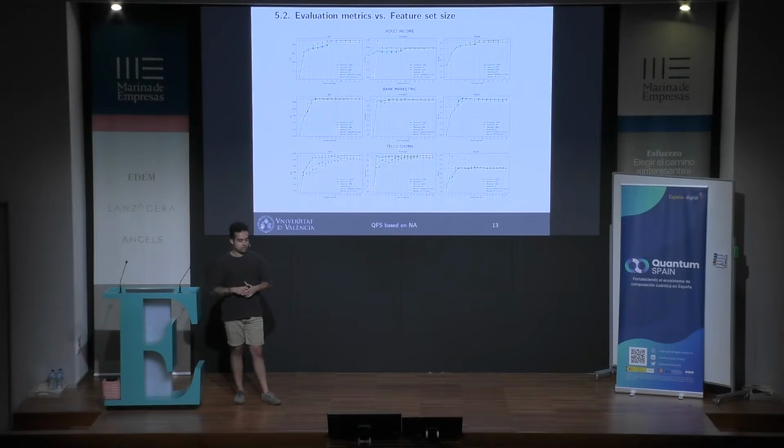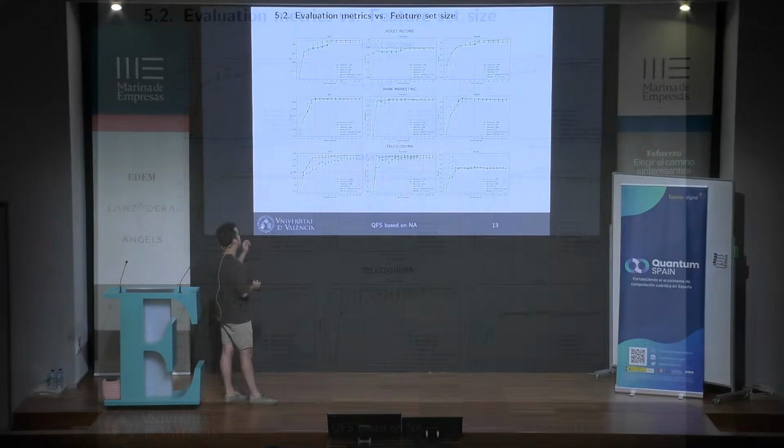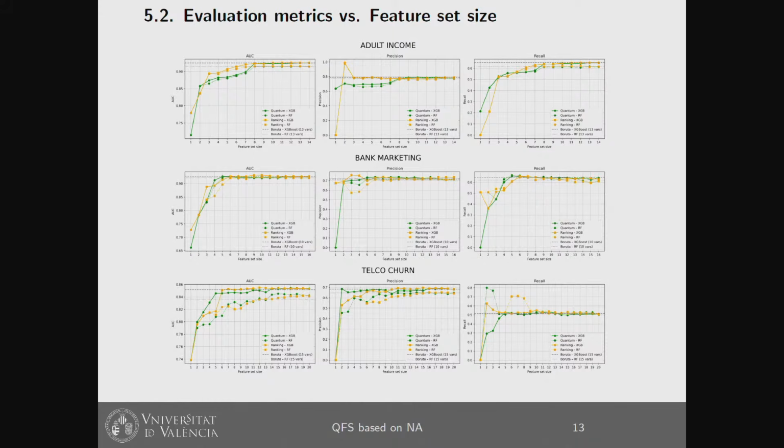What we observe is that the quantum feature selection algorithm achieves competitive performance with the classical counterpart, and even in very particular cases, mainly in the smallest feature set sizes, we found that the quantum, which is the green line, outperforms the classical benchmarks in some of the subsets.